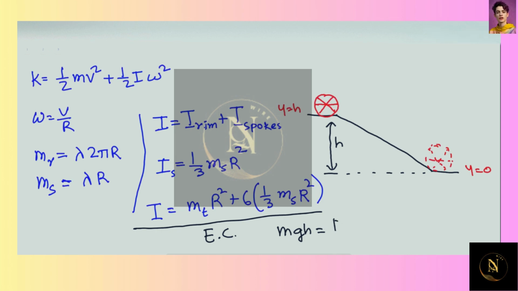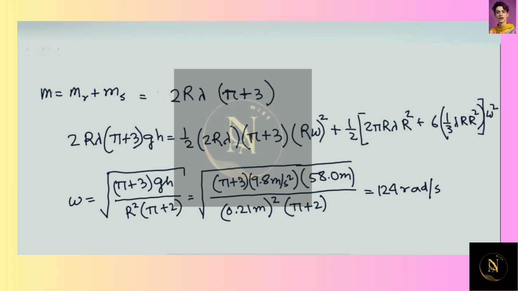It's going to be half of mv squared plus half of I omega squared, where I is this quantity right here. All right. Now we see that the total mass is the mass of the rim plus the mass of the spokes. So we can add them together and get this expression right here.